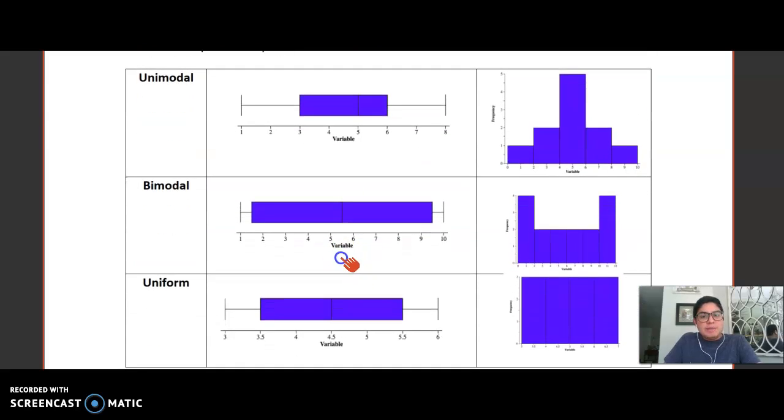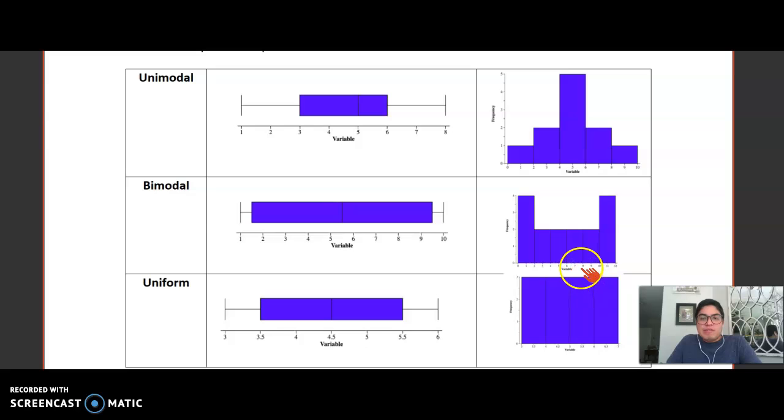And speaking about shapes, remember, we have 2 categories of shapes. We have approximately symmetric, and then we have skewed distributions. And within those approximate symmetries, we've talked about unimodality, bimodality, and uniformity. Now, look at the histogram here. You can see there's one distinct peak, but when I look at it in the box plot, I can't really see that peak anywhere. Or when it's bimodal, I guess I could tell that the box, or the quartiles here, seem larger than the rest, but again, I couldn't tell you where the location of those peaks are.